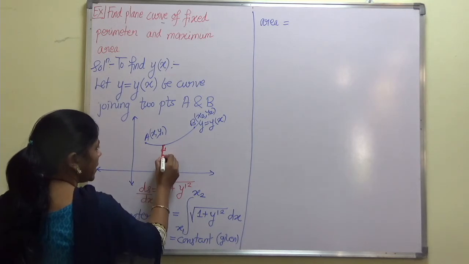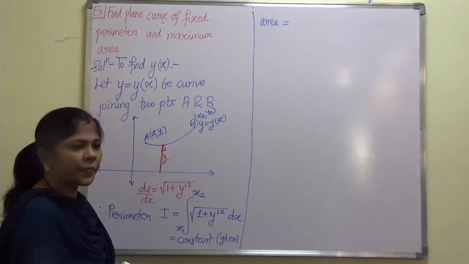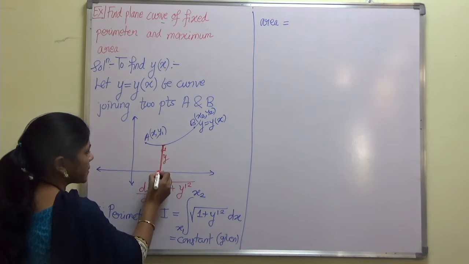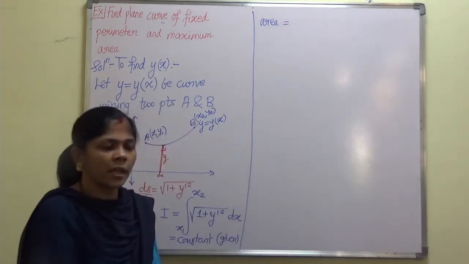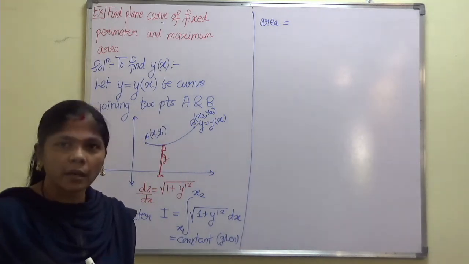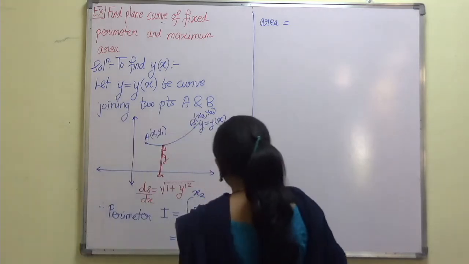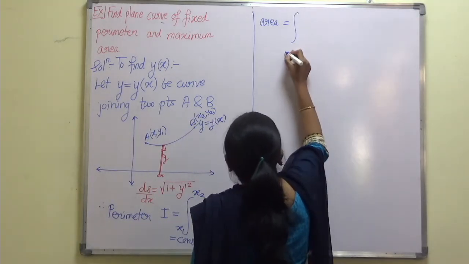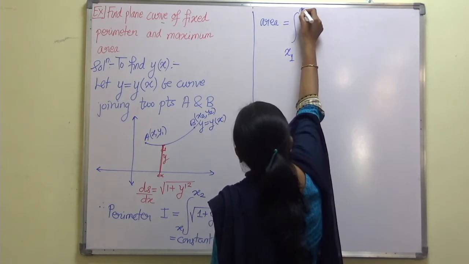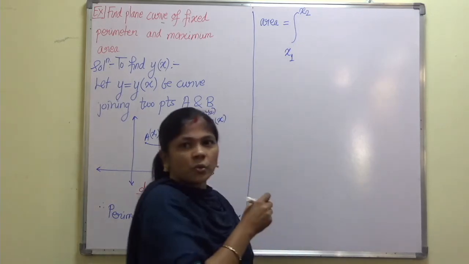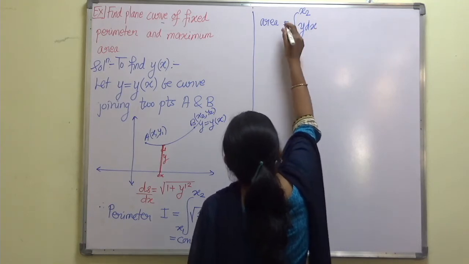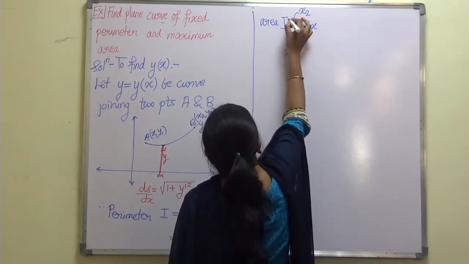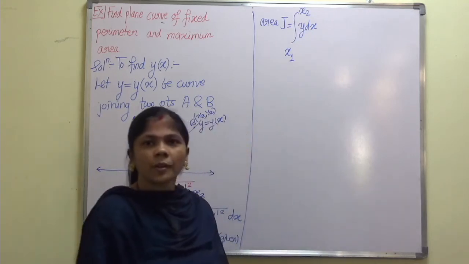What is the length here? It is, in general, y, and the breadth is the variation along the x-axis, so dx. We will add all such areas of all such rectangular strips. Addition means it will be an integration from x1 to x2 of y dx. Like this we have the formula for area, which I am going to denote by J.